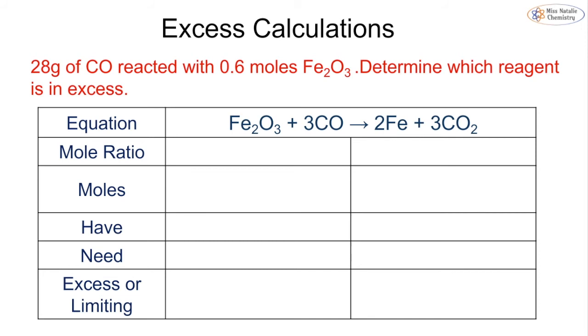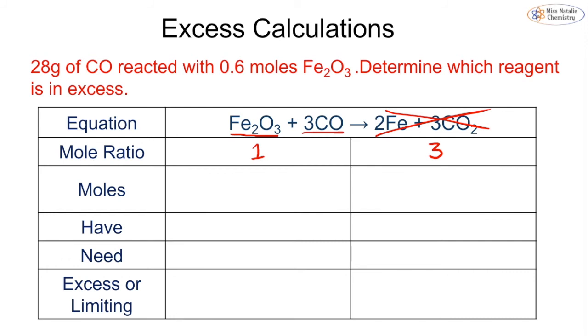If we look at another example, we've got 28 grams of carbon monoxide reacting with 0.6 moles of Fe2O3. Again, we want to determine which one is in excess. So our mole ratio of our reactants is 1 to 3. Remember, we're not interested in those products.